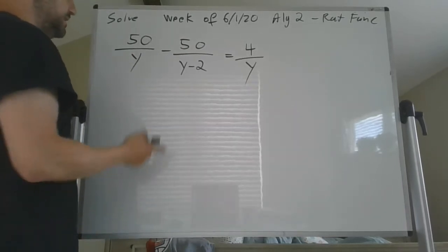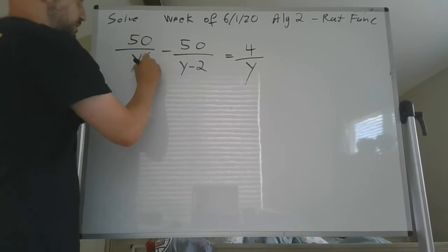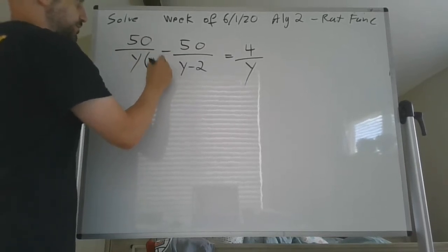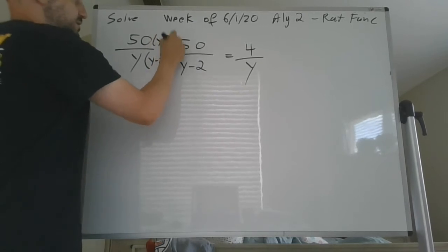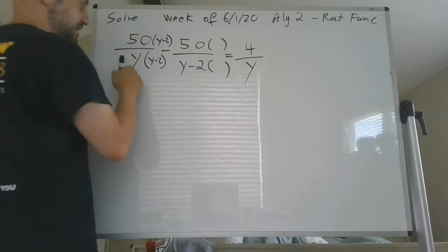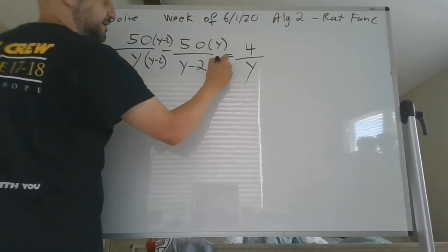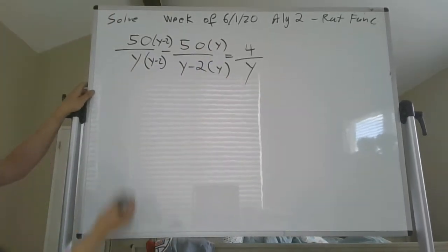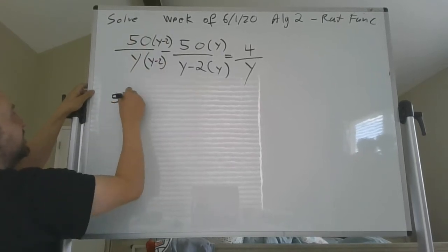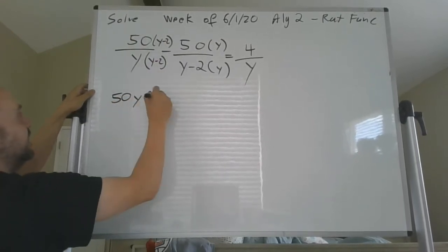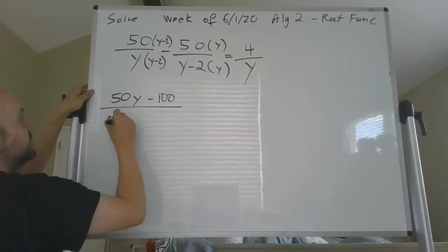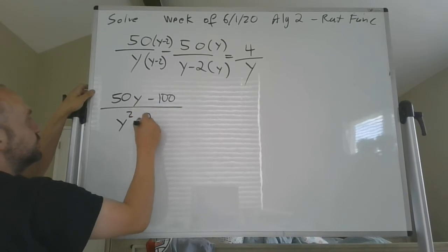Well, I can do the old tried and true method where I multiply this fraction by y minus 2 over y minus 2, and I multiply this one by this denominator, which is y. Let's see what happens. That's going to give us, on top right here, 50 times y minus 2, which is 50y minus 100, over y times y minus 2, which is y squared minus 2y. Cool.